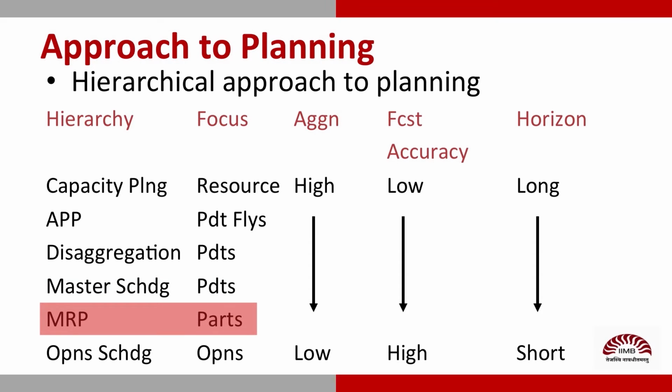Each part has to be made based on several operations. For example, if I have to make a particular knob for a radio, I may have to first do the turning, then some milling, then drill a hole in it. These are different activities which we call operations.